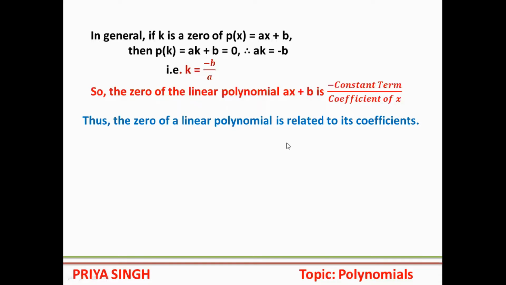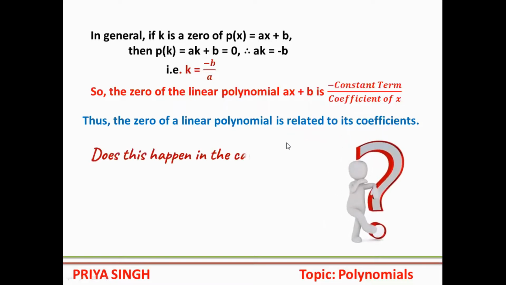Now, after reading all this, there are a few questions coming to my mind. Let us check them. Does this happen in the case of other polynomials too? That means, does it happen in quadratic, cubic, or higher degree polynomials? What is the other question?